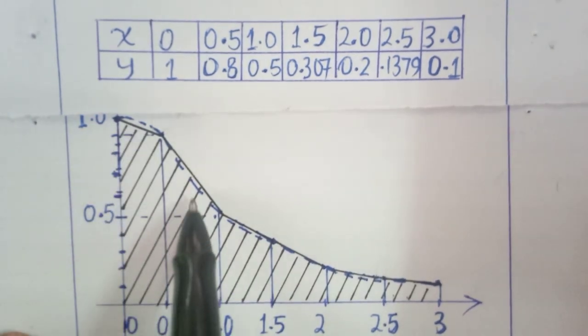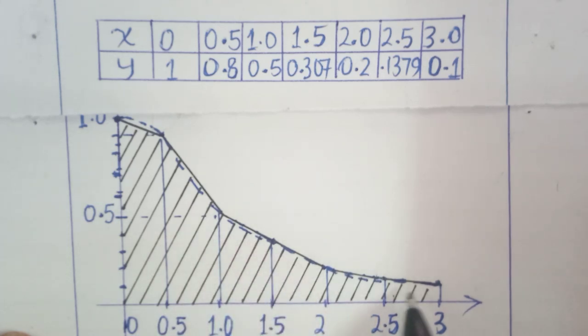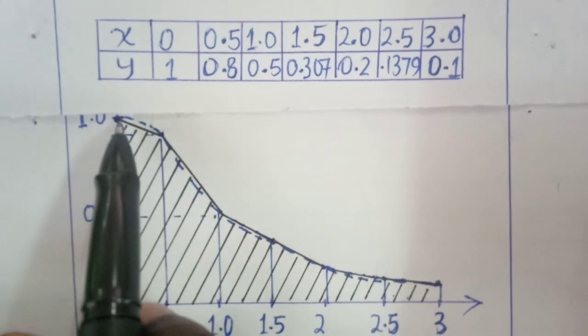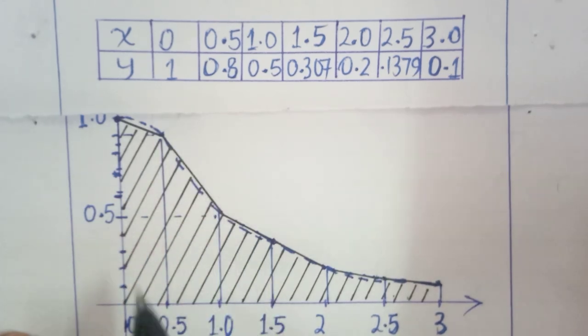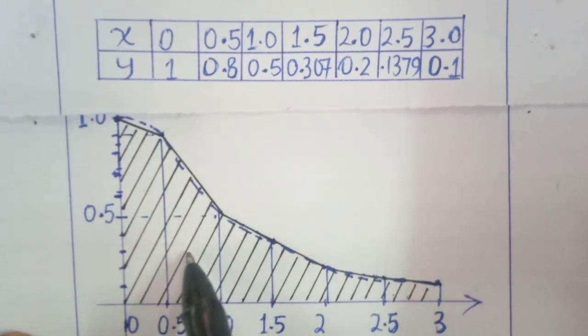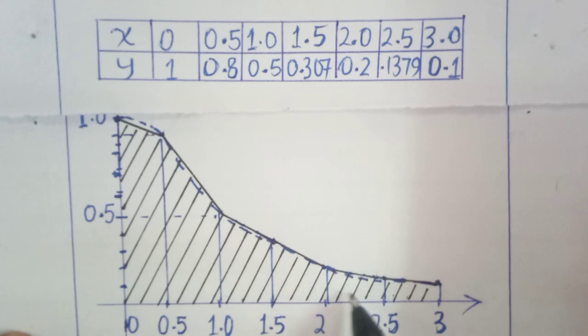The blue line shows how the curve is supposed to move, while the black line shows us the trapeziums. So we have the first trapezium here, the second, third, fourth, fifth, and sixth. We are going to look for the areas of all these trapeziums and add them together.